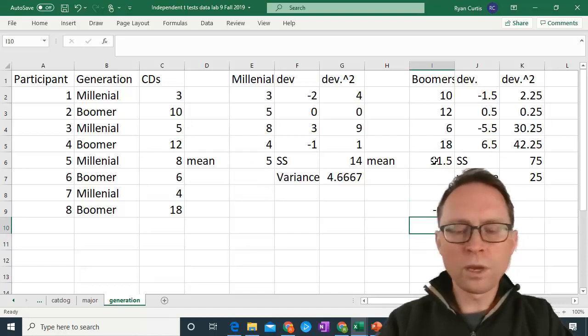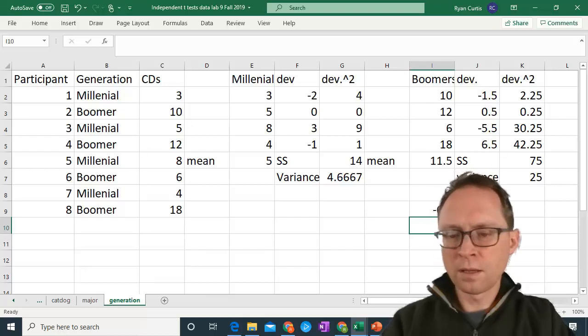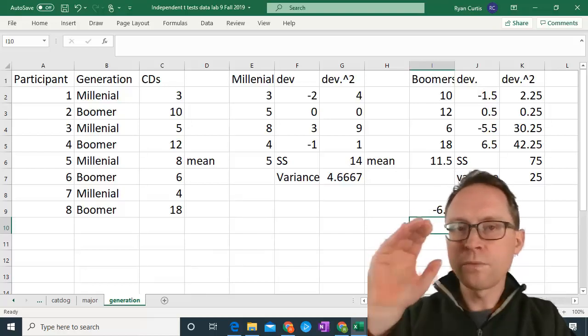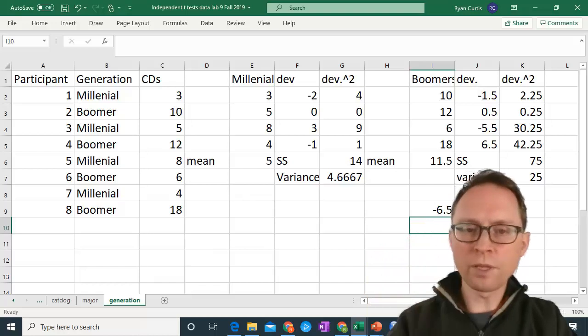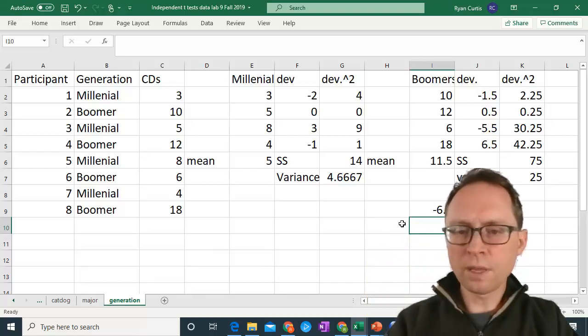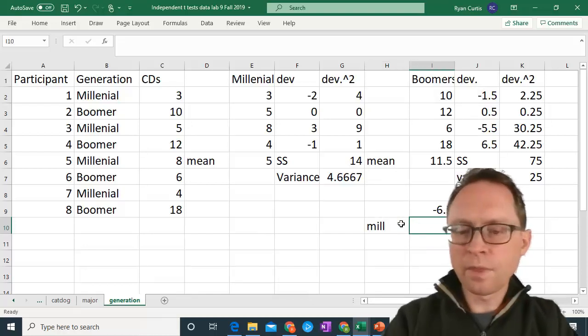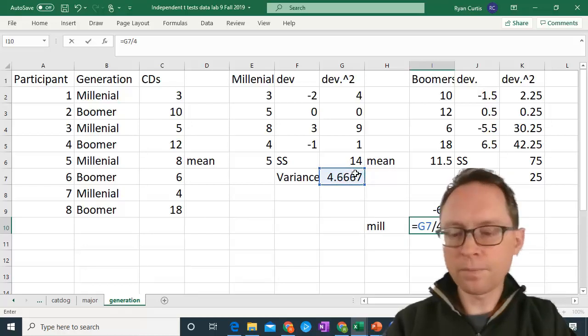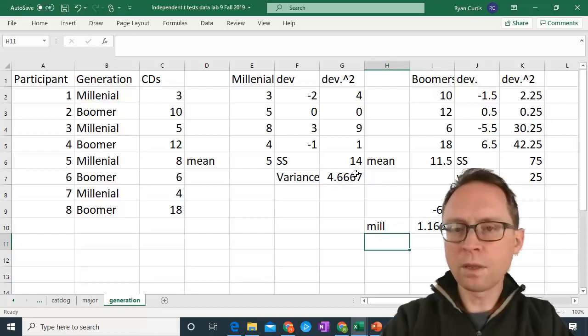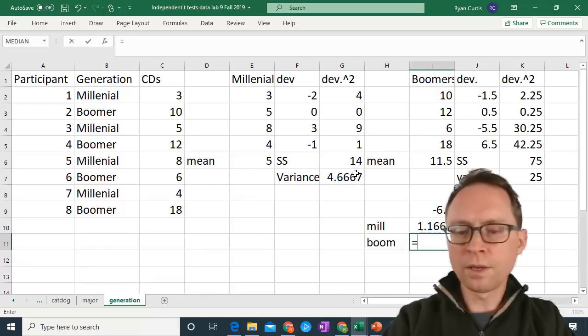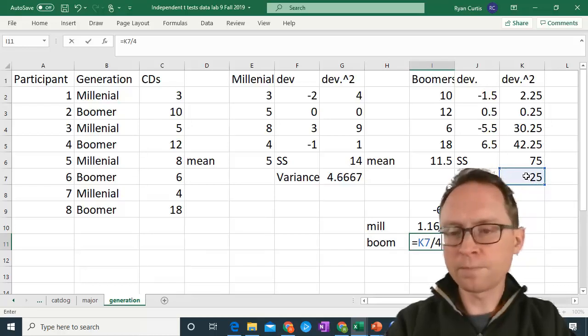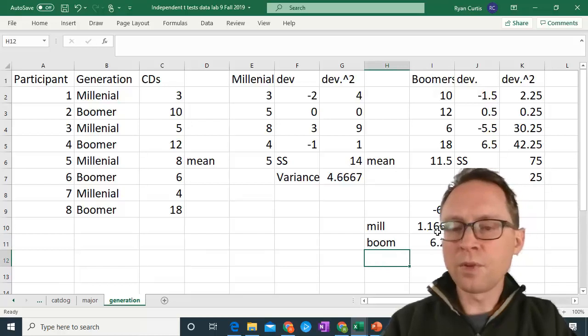Then we are going to get the variance divided by n for each one of these. So for millennials, that's going to be the variance for the group of millennials divided by the number of millennials, which is 4. And then for the boomers, it's going to be 25, the variance, divided by the number of boomers, which is 4. And then you add those two together.